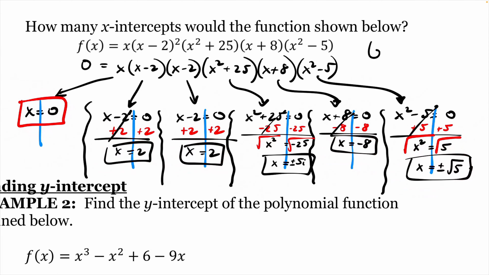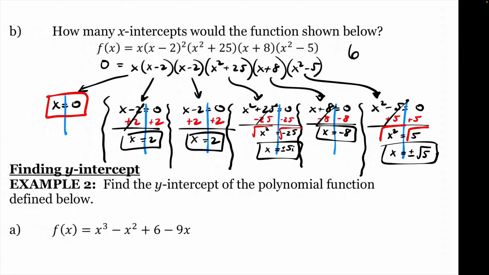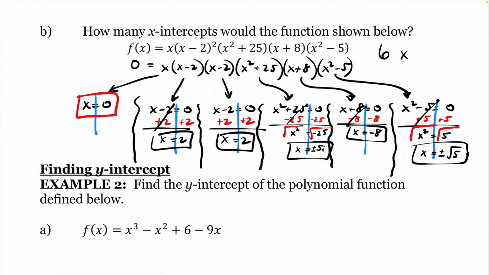So 6 x-intercepts. One of them repeats. Actually, 2 of them repeat.